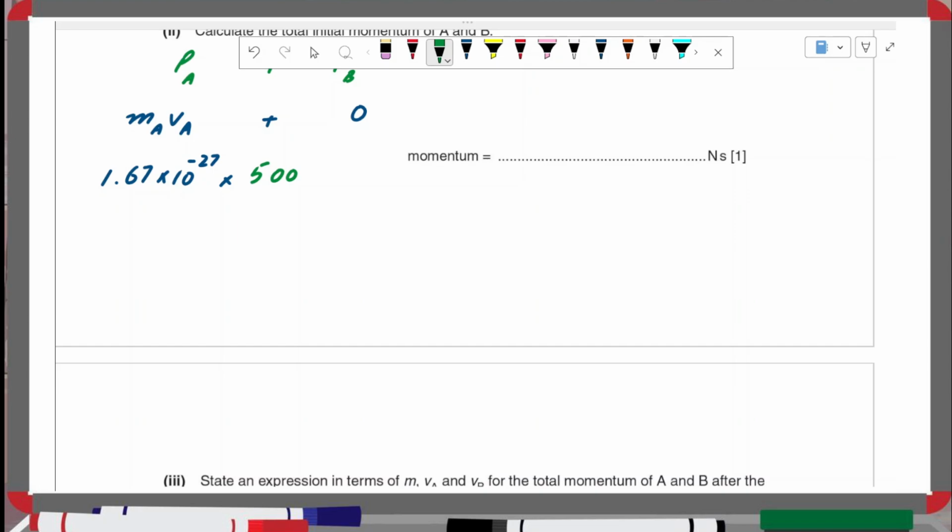Sorry, can you please lower your screen? Okay, it should be there. I don't know why it is stuck. Let me share again.